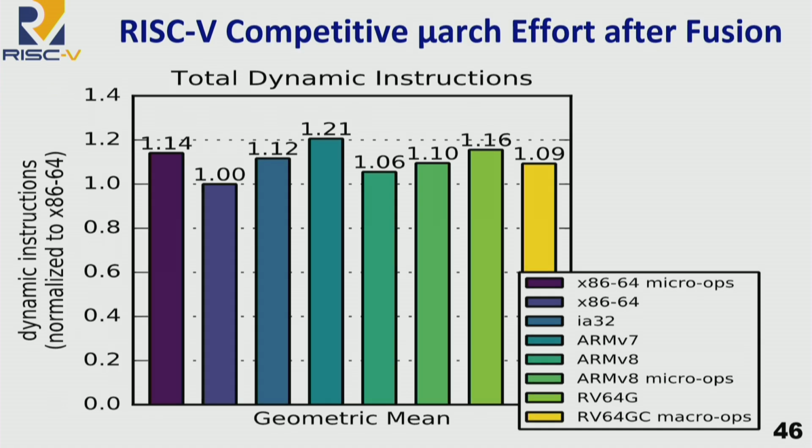So we did some numbers here, and this is showing you how many, relative to, so 1.0 on this graph is the number of instructions an x86-64 would execute. The first purple bar is showing you when that's cracked into micro-ops, what the internal performance counter tells us it's doing in terms of micro-ops, which is 14% more than the base instruction count. Similarly, ARMv8, for example, has some instructions that are cracked into micro-ops.